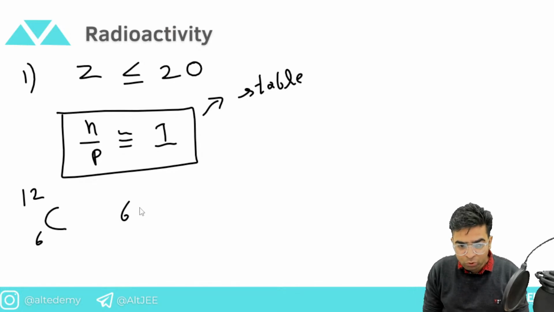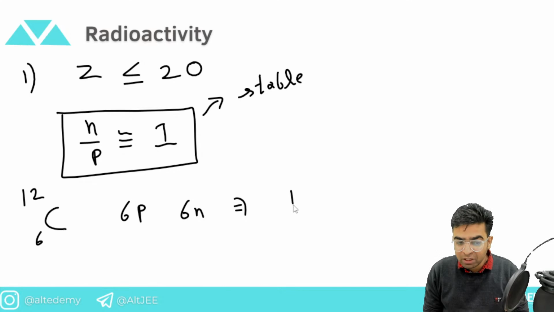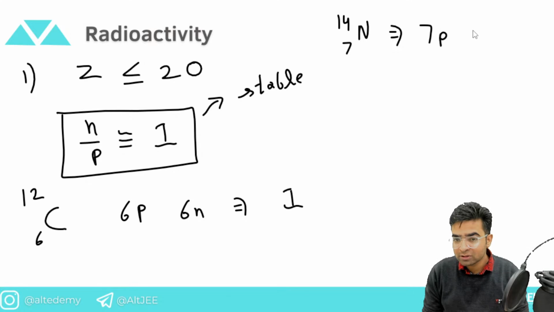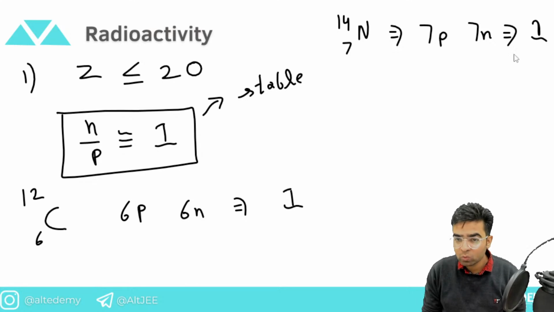It has 6 protons and 6 neutrons, so its N by P ratio is 1. Nitrogen has 7 protons and 7 neutrons, so its ratio is 1.